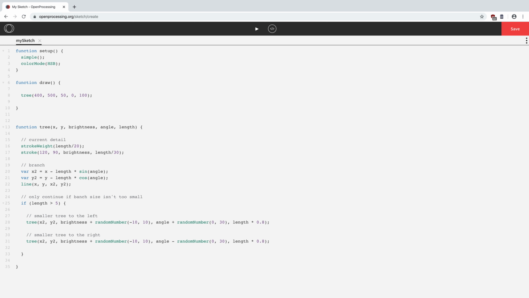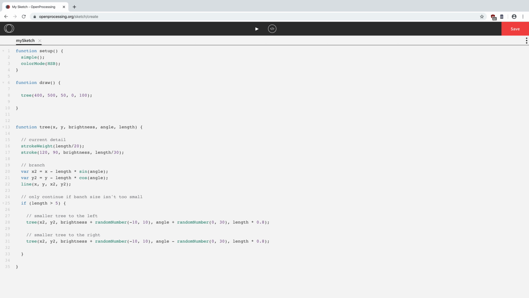So when the length is big, the alpha value is high, so it's not so see-through. As length gets smaller, that translucency number gets smaller and it becomes more see-through, which is what we want. We want the detail at the top of the tree to be slightly more see-through.